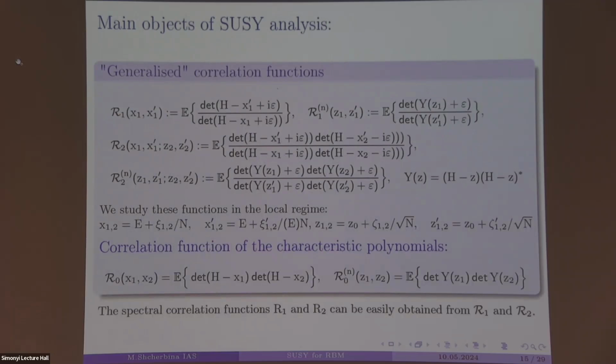Now, I would like to give you a definition, because normal correlation functions are not so simple to obtain, because you don't know the behavior of the joint eigenvalue distribution. Normally, we don't know this. And therefore, it's simpler to give another definition of correlation function.